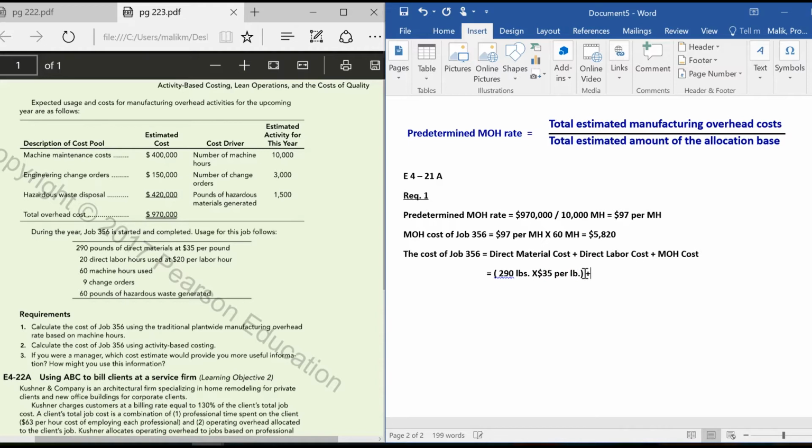Now to know the direct labor cost, we have to check how many hours they actually used for this job. So they used 20 direct labor hours, and the wage rate is $20 per hour. So their direct labor cost will be 20 labor hours multiplied by the cost per labor hour, which is $20 per labor hour.